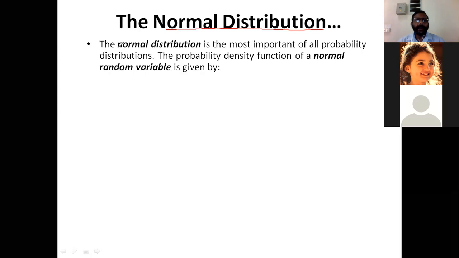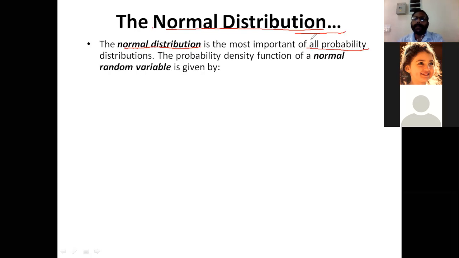When you talk about it, the normal distribution is the most important of all probability distributions because it is the mother distribution. We would say it is a kind of mother distribution of all the distributions. I will come to why we are talking about the mother distribution.